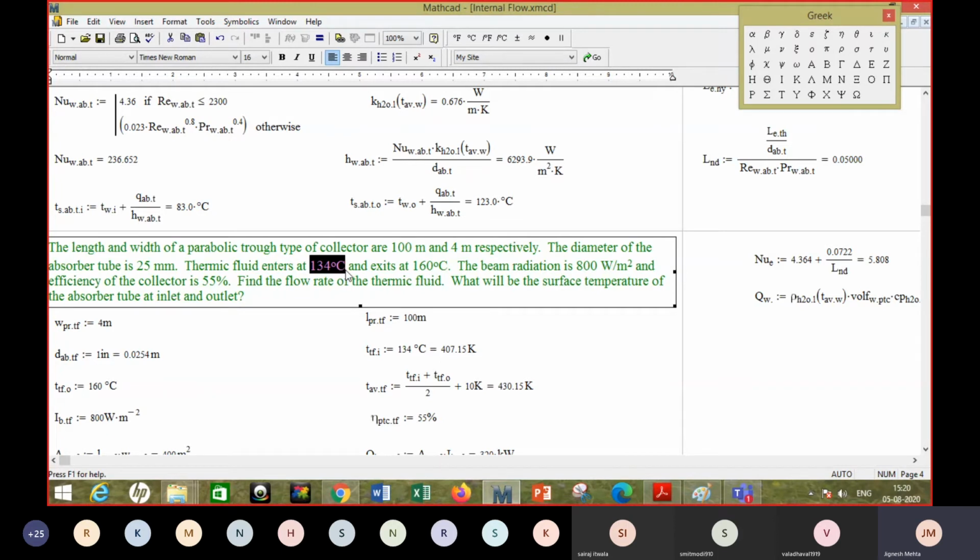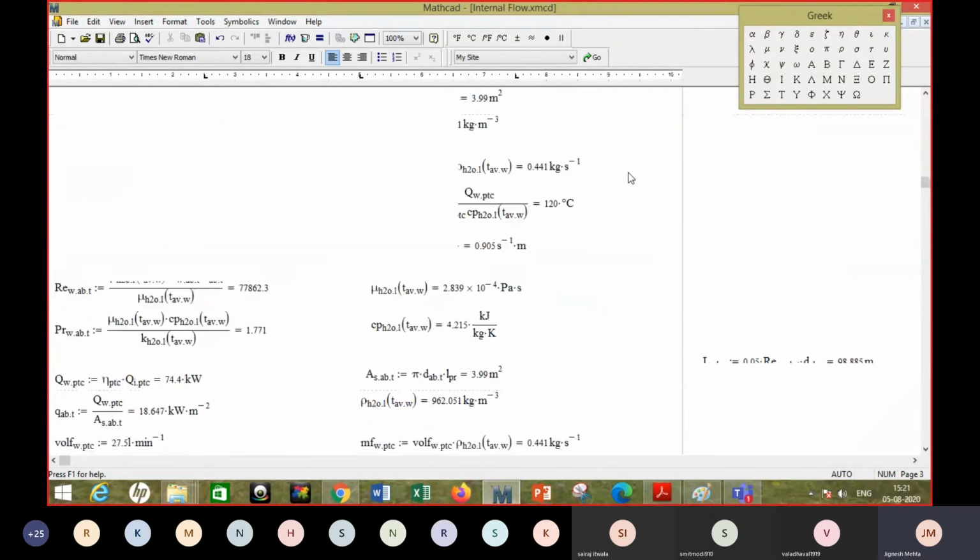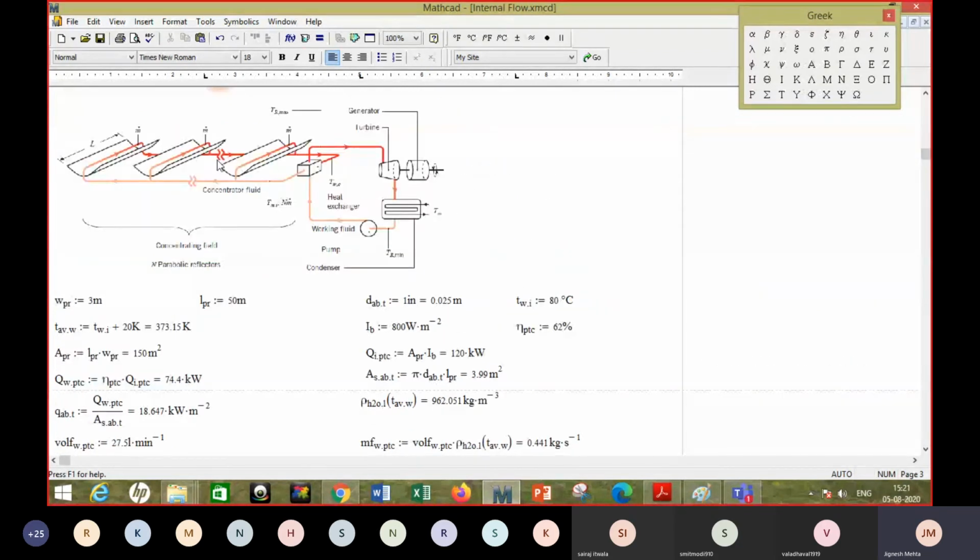So the fluid temperature will not be equal to the surface temperature, right? The surface temperature has to be higher than the fluid temperature, because heat transfer is occurring from the surface to the fluid. I hope you can understand that, right?